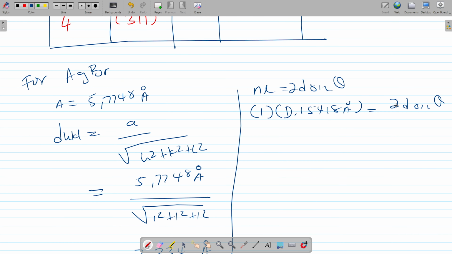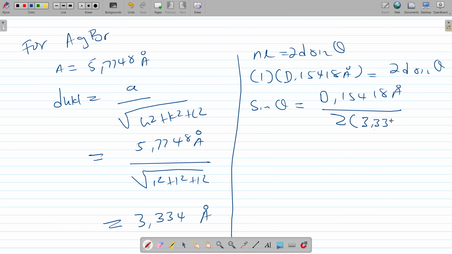We're looking for 2 theta, so we are going to say the sine of theta is going to be 0.15418 angstrom divided by 2, and our d, we have to substitute that in. Our d is given, we calculated it to be 3.334 angstrom, like this. And then we're going to say theta is equal to the arc sine of this.